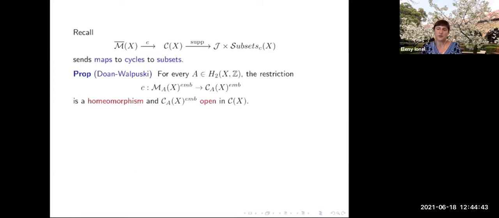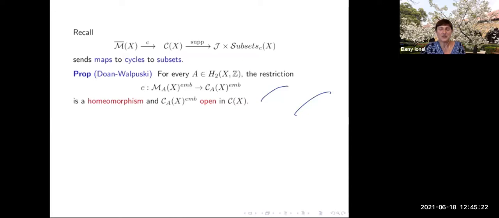And a useful proposition, which combines some of the results I mentioned earlier together with a few other results, is the following. If we fix the homology class, and consider the restriction of this collapsing map that goes from stable maps with Gromov topology, but embedded ones, so maps representing a fixed homology class and which are embeddings, and we map them into cycles, then this is a homeomorphism.